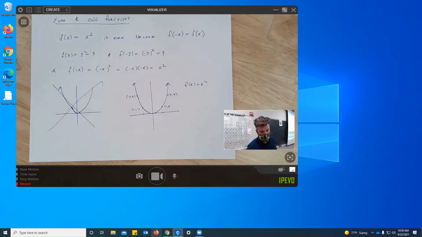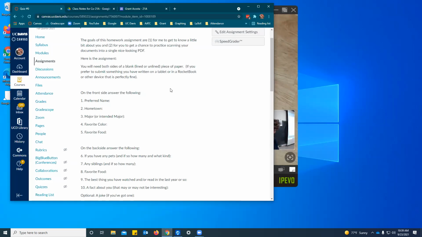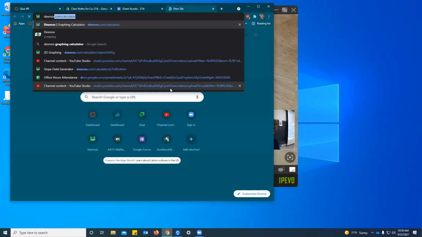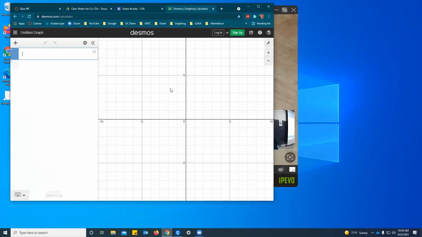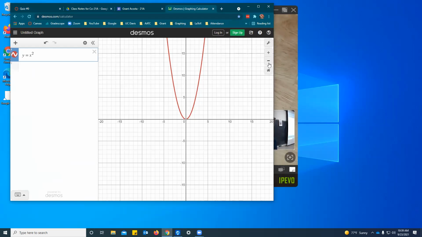But I will also mention, and I would imagine most of you are probably aware, that Desmos is an excellent graphing device. You can see all sorts of cool things. You can also make graphs that don't look like total garbage. So we can see this function's even, and it's actually kind of cool.